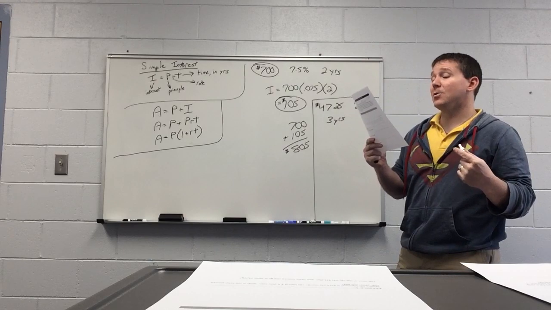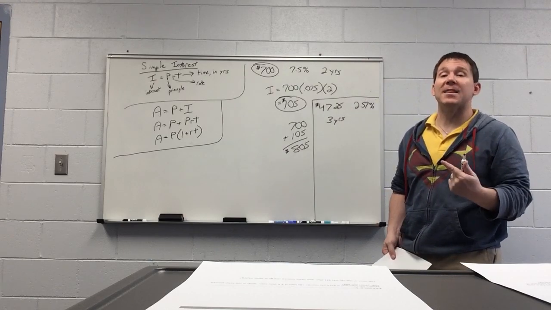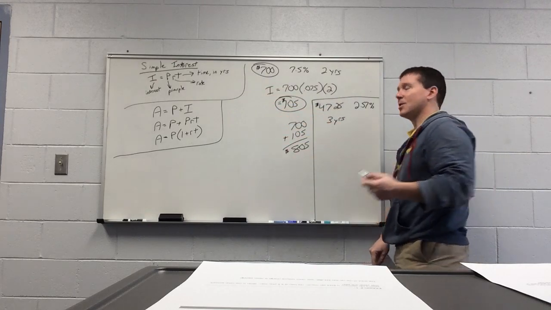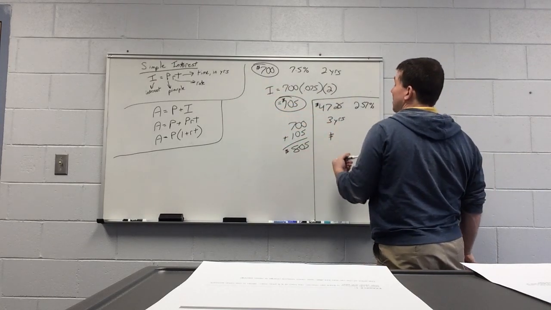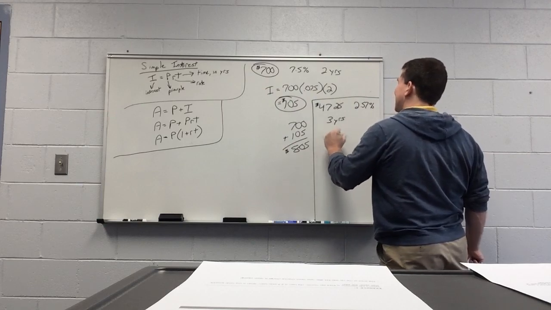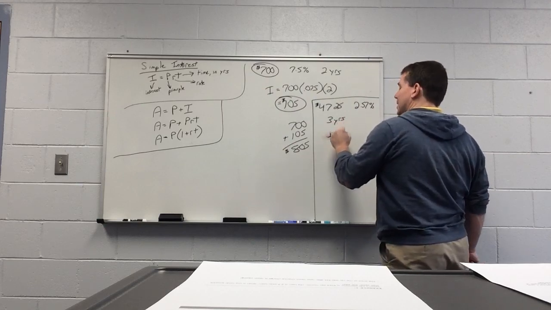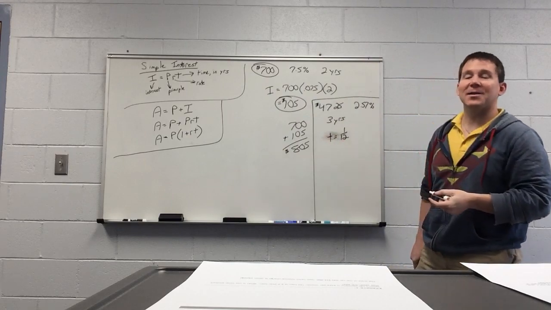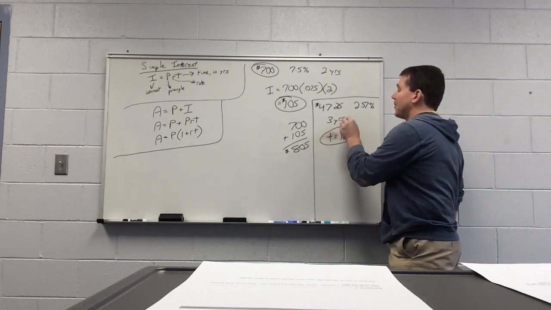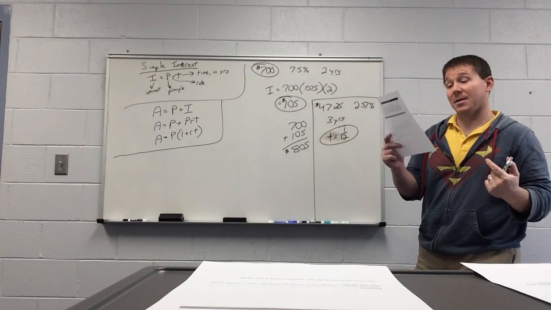What value will you use for T to represent 1 month? I know T has to be time in years, so what's 1 month in years? It's 1 out of 12, 1 month out of 12. So this is going to be my time for 1 month, 1/12.